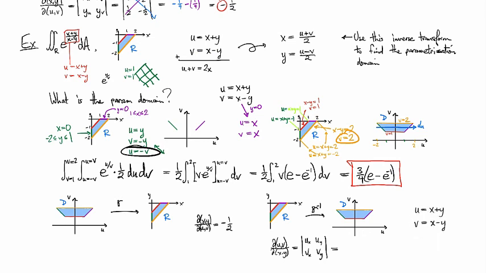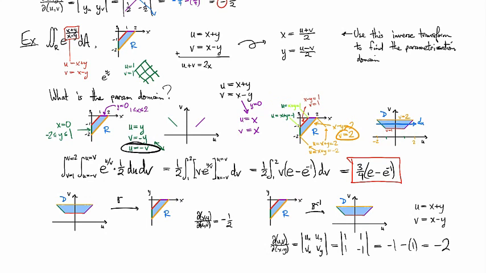There's the transformation. Taking the partials, I get 1 and 1 and 1 and -1. So that gives me -1, and then I subtract a +1, and I end up with -2. And so the moral of the story is that the Jacobian of the inverse transform is equal to the inverse of the Jacobian of R.